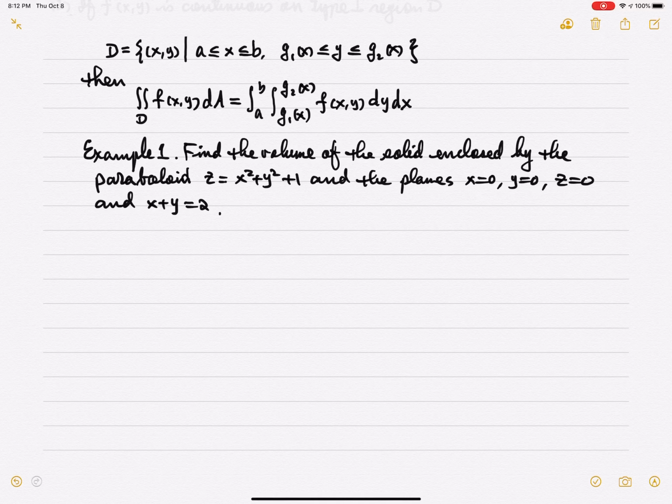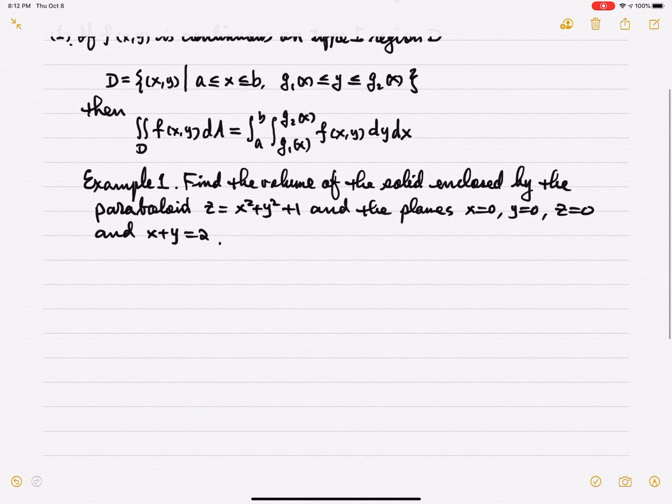So here is the solution. Now we can draw the picture the way we want. You can imagine and think about what direction is good. Suppose this is the z-axis, and this is the x-axis.